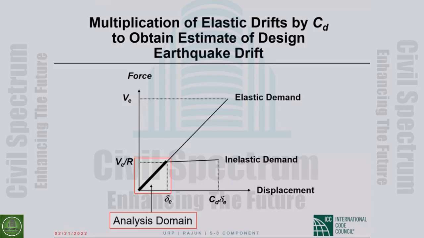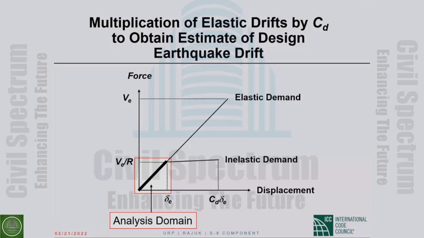The total deflection does not change much from when the structure behaves elastically to the design earthquake. So this deflection is not a whole lot different from the deflection corresponding to V sub E. There are proposals that we make them the same, but so far we have not made them the same, except here and there.